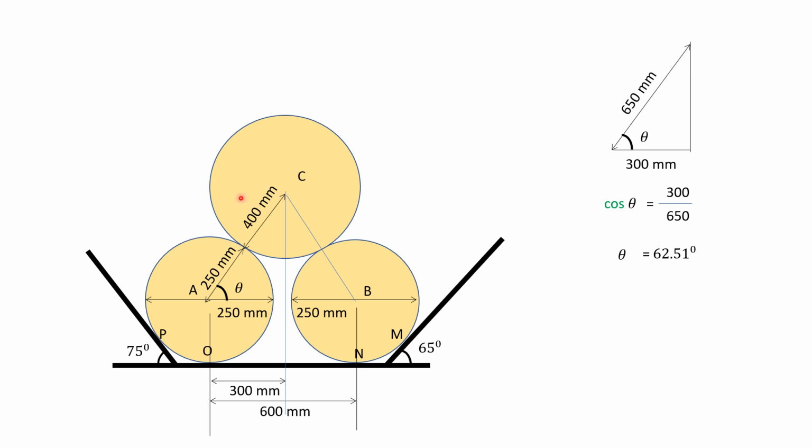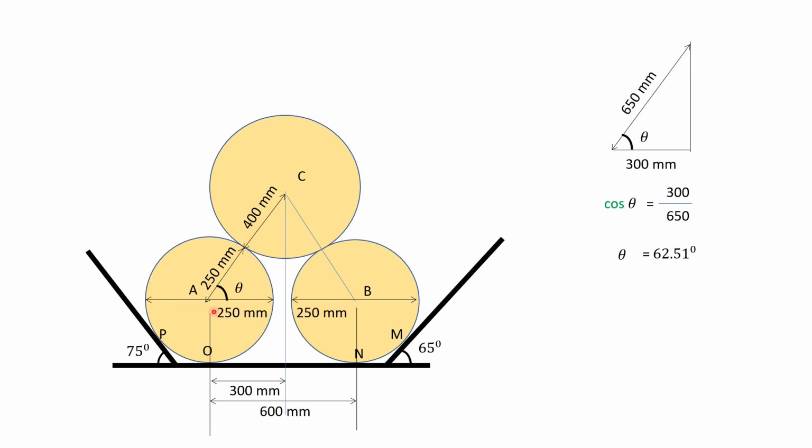Now, to calculate reactions at contact points, consider only self-weights and reactions. On the geometry part, first let us calculate this angle theta. The center to center distance is 600 mm, and this center to center distance is 250 plus 400, which will be equal to 650.